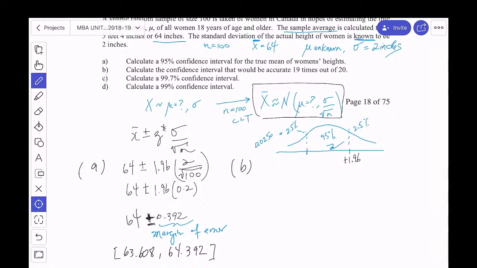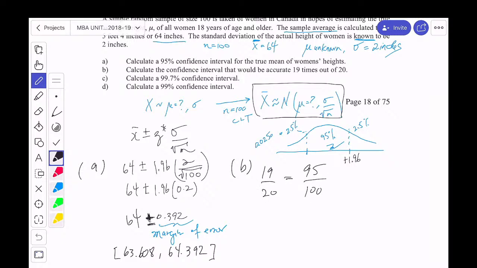What does it mean, accurate 19 times out of 20? So being accurate 19 times out of 20 is the same as 95 out of 100, isn't it? In other words, this is another way to say the same thing.